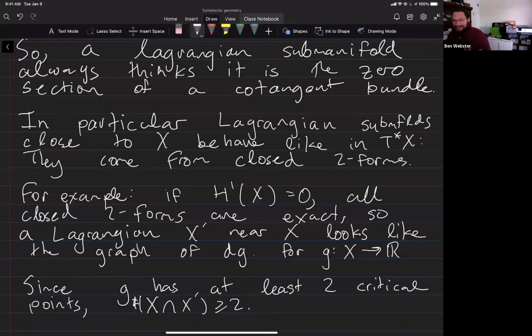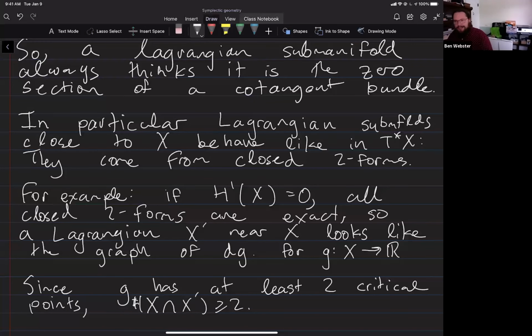In fact, it has at least two critical points, a minimum and a maximum. Depending on the topology of your manifold, it might have many more. By Morse theory, you can bound that below by adding up the dimensions of the different homology groups. You have to have at least that many critical points.